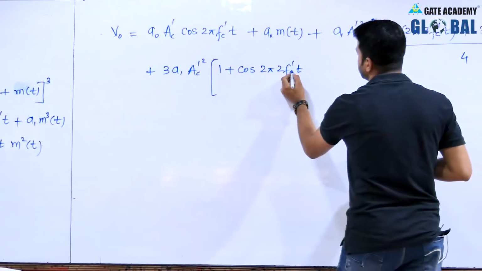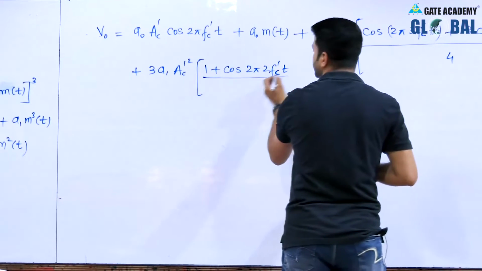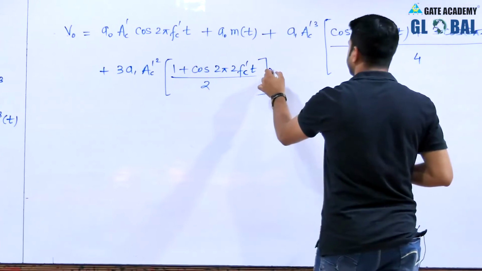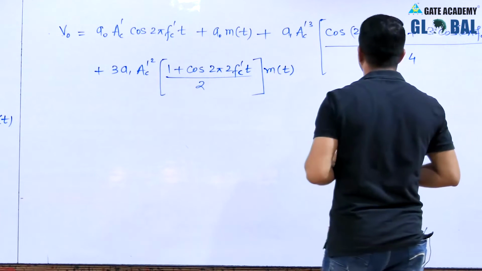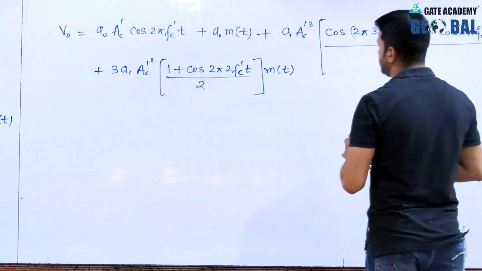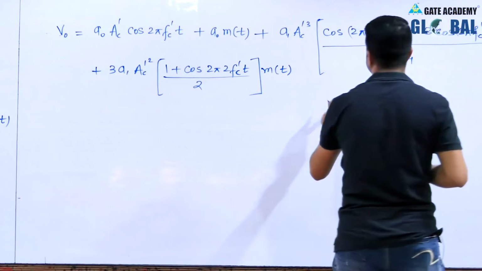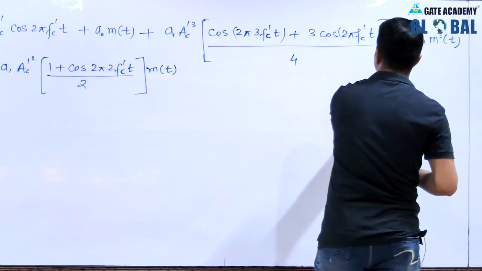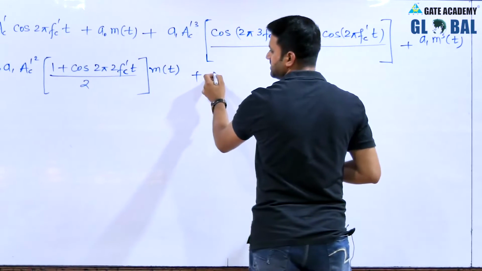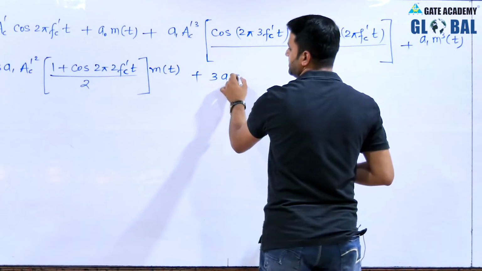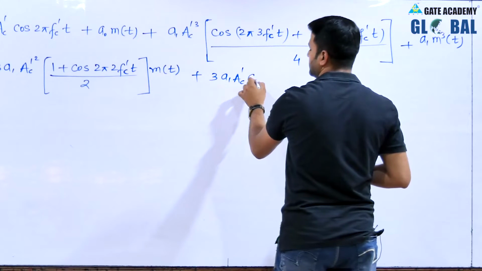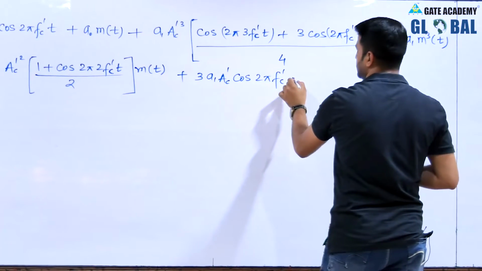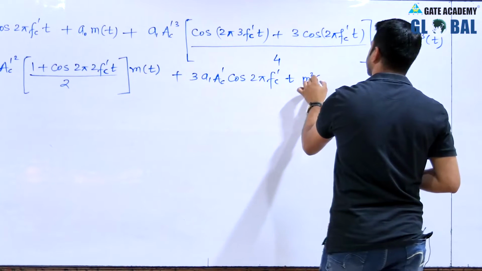So, the frequency is 2fc', divided by 2, into m(t), and the last term is plus 3 a1 Ac' cos 2π fc' t into m^2(t).